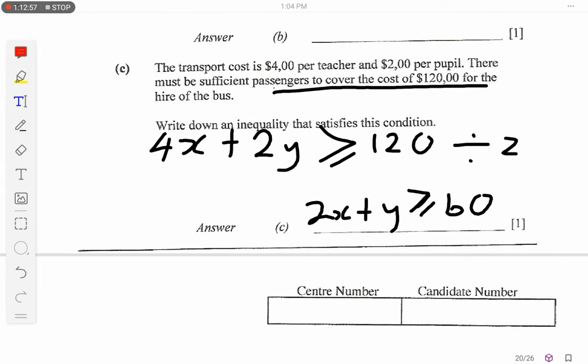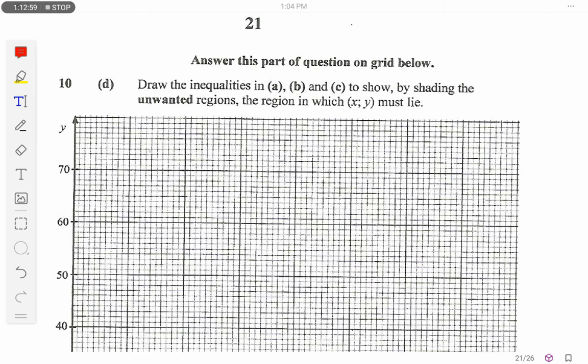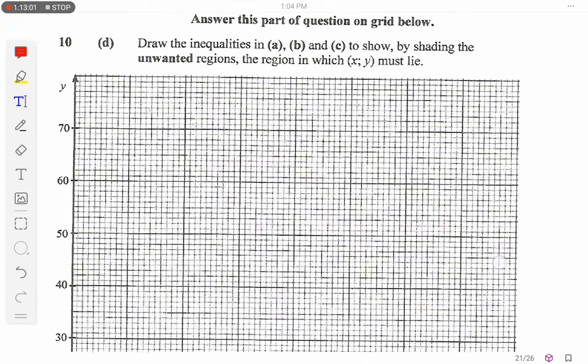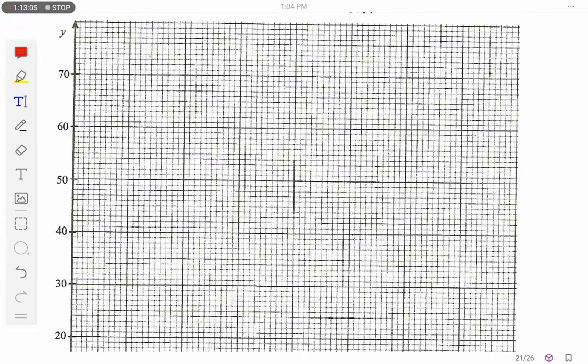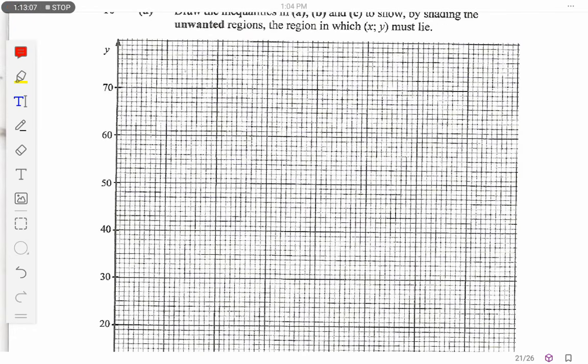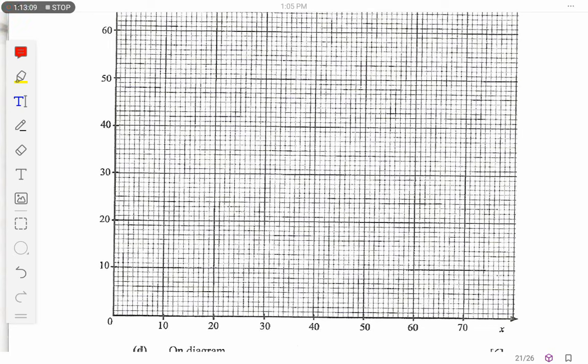Okay, let's move on. Now they are asking us to draw these inequalities. Okay, fine. The first inequality, so let me reduce this. The first inequality was y is greater than or equal to x.